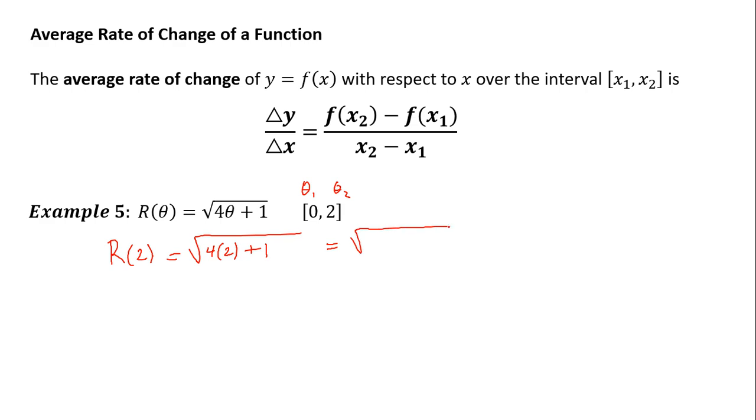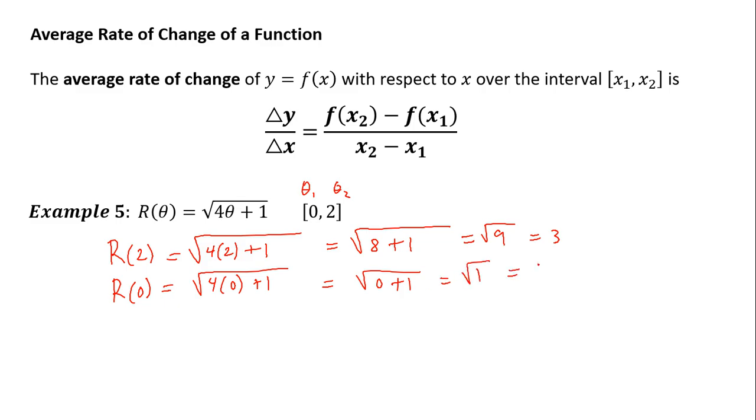So this is the square root of 8 plus 1, or the square root of 9, which is equal to 3. Alright, now we have r of 0 equals the square root of 4 times 0 plus 1, which is equal to the square root of 0 plus 1, or the square root of 1, or simply 1.